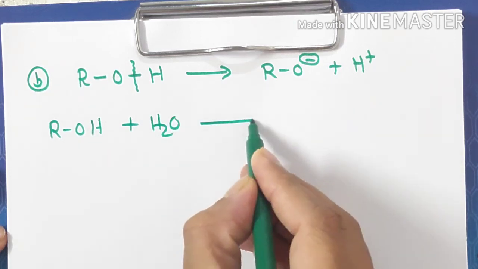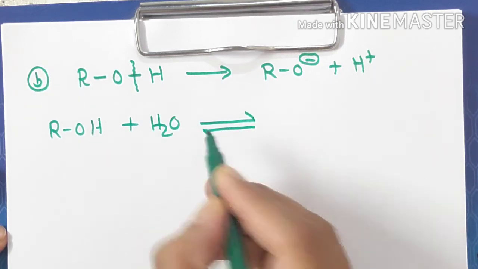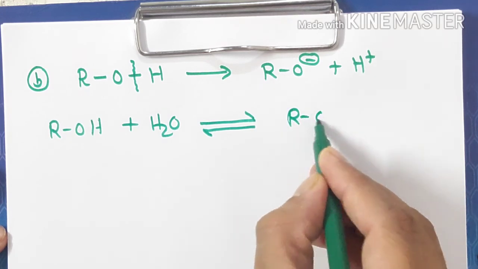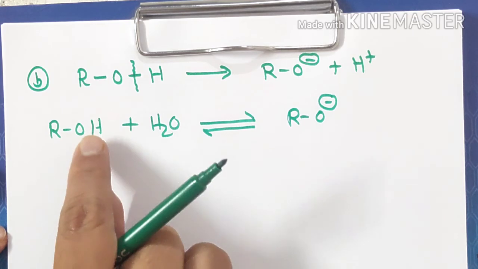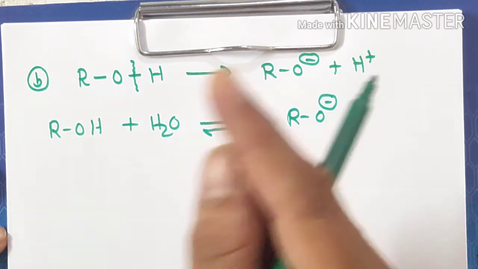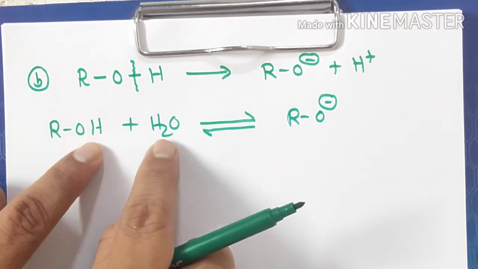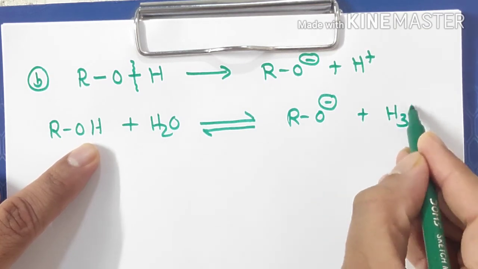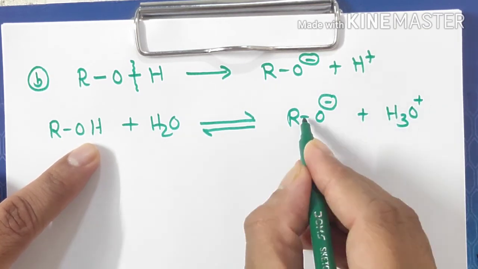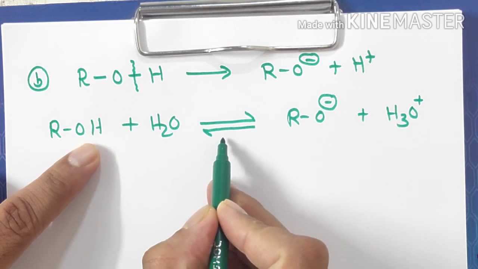When we react this with water, the product formed is RO minus, because it's an alkoxide ion. This alcohol gives H plus, and this H plus will combine with water to form what? H3O plus. But here I have put a reversible sign.